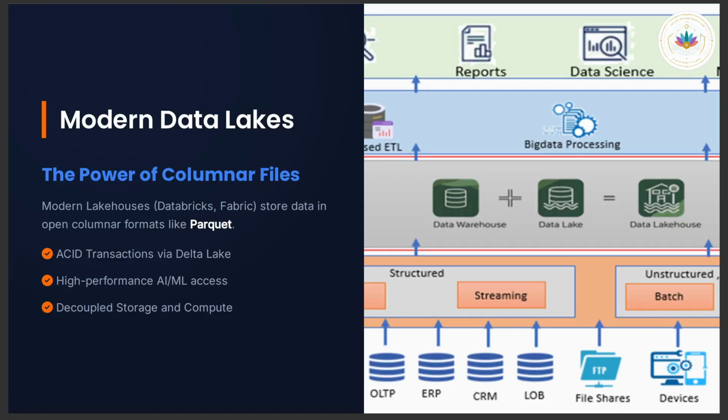We can store petabytes of data cheaply, compress it to a fraction of its size, and allow Power BI or Tableau or a machine learning model to scan billions of rows in seconds. We read only the required columns, store data once, and analyze it at absolute scale.